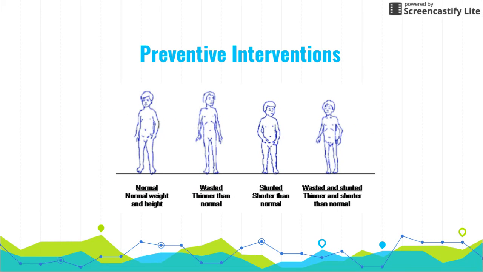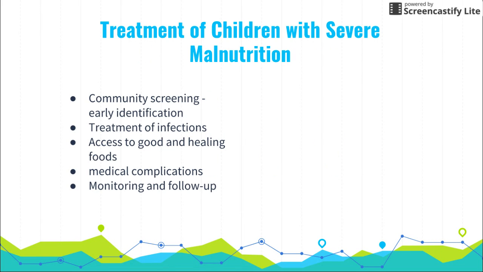Here's a picture of what you'll do to support child wasting. Treatment of children with severe malnutrition: community screening, early identification, treatment of infections, access to good and healing foods, medical complications, and monitoring and follow up.